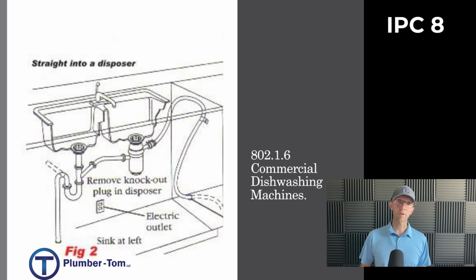As an experienced plumber, you and I know that you have to knock out that plug that's inside there if you're installing a new one. That's a real novice mistake if you leave it in there and try to turn on the dishwasher, find out it won't drain. But this is a good connection, and once again, we have an air break. It's coming up above where it drains into the trap, but below the flood level rim.